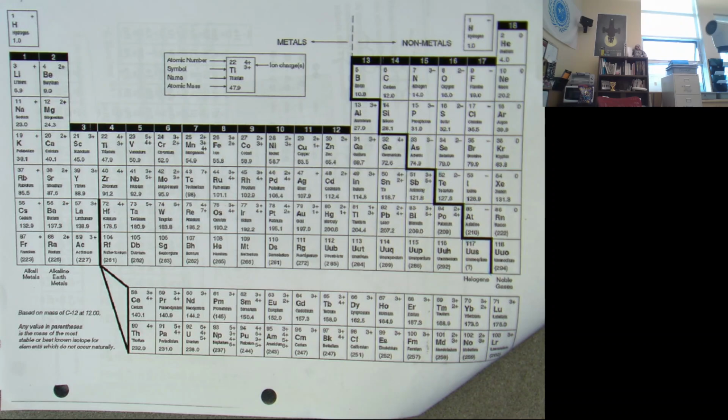Beryllium 3, nitrogen 2. Draw small. Draw them small, all put together.